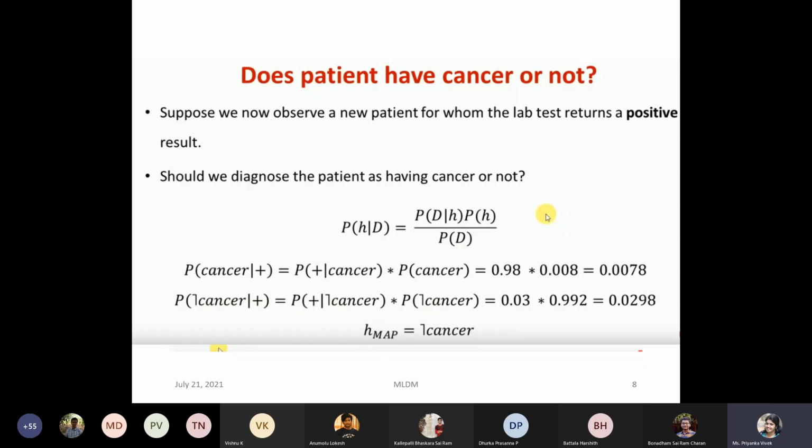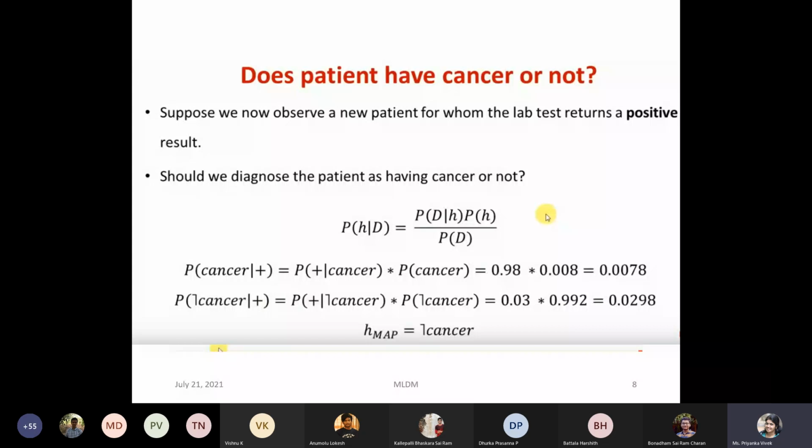That is calculated as 0.0078. These values we got from the previous explanation. Now the second line is P of no cancer given positive result, that is P of positive result given no cancer into P of no cancer. When we multiply, we get the appropriate values.